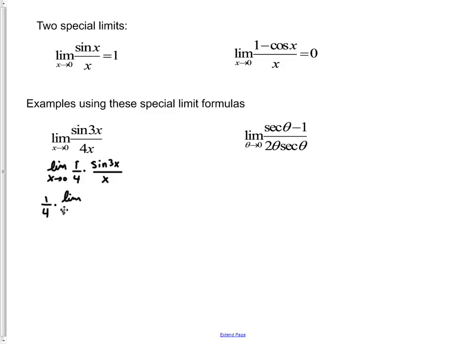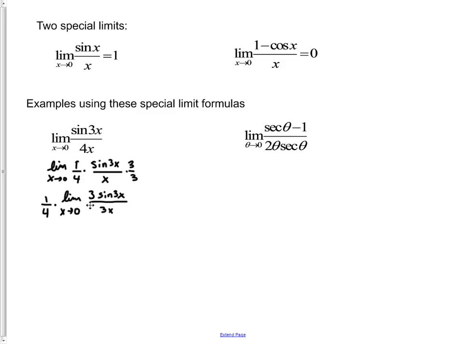Now, the other thing that I would point out right here is that we want 3x in the denominator. So what we're going to do instead is multiply in an extra 3 here, right? This is like multiplying by 1. We can always multiply by 1. We don't change the value of the fraction. So it's like we're taking the limit as x approaches 0 of 3 times the sine of 3x divided by x times 3, which is to say 3x.